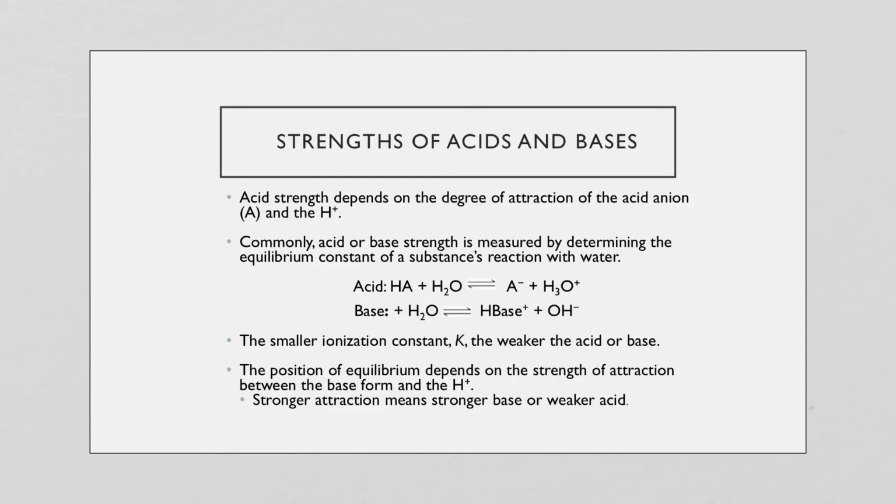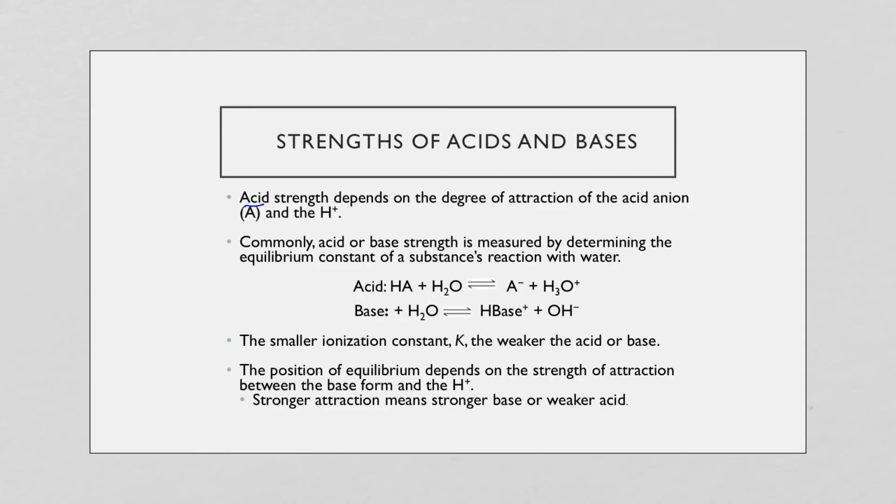Now, let's look at some other ways to think about how strong an acid is. What makes something a strong acid versus a weak acid within the molecule? The strength of an acid really depends on how strongly the hydrogen is attracted to what would become the negative ion.